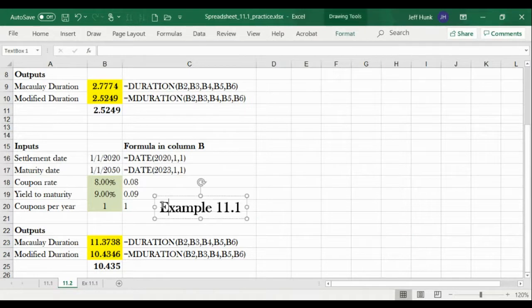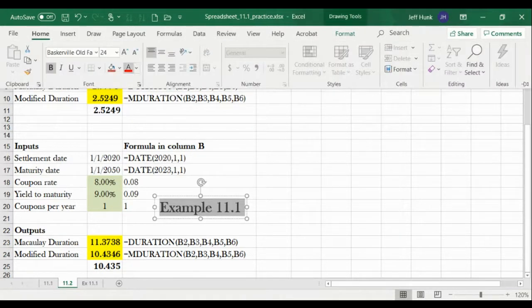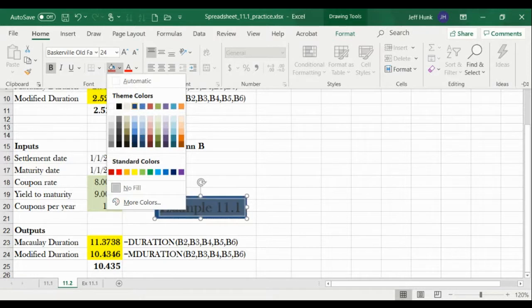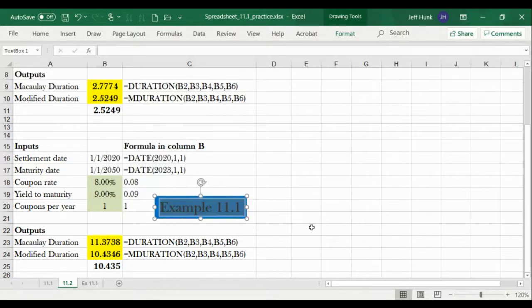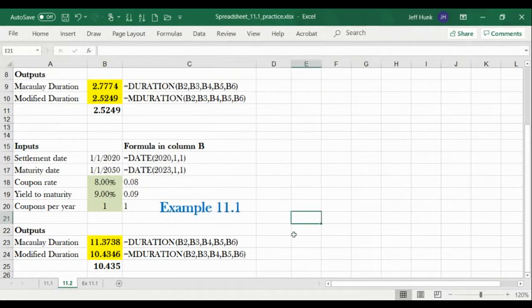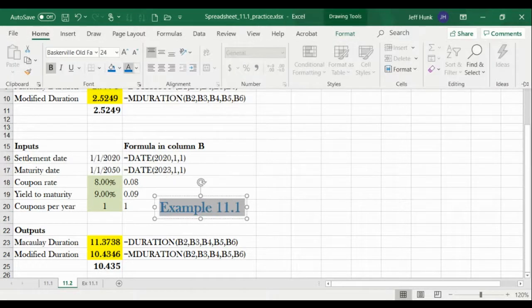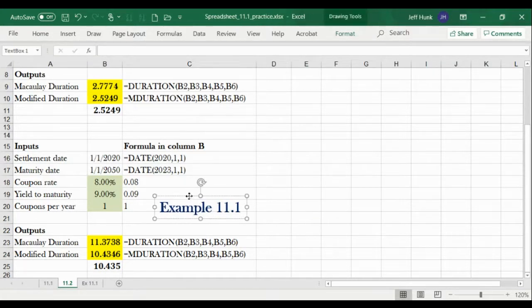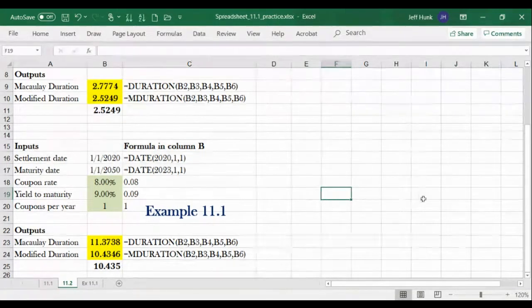I will also give it some nice font color. Oh no! What did I do? Okay, this way we get the same result, right? We got the same. All right.